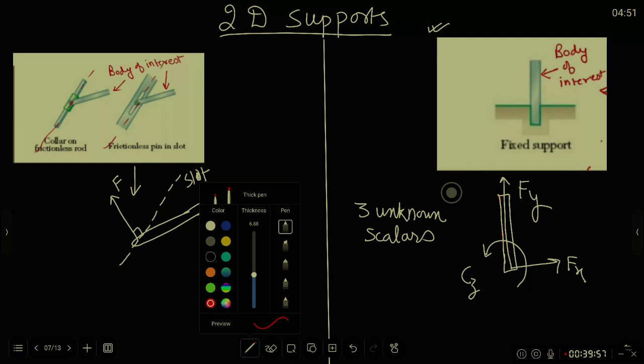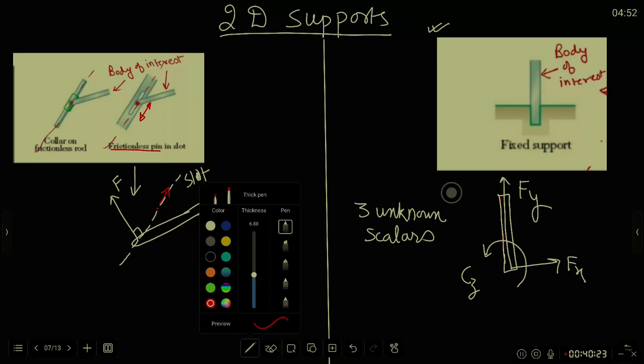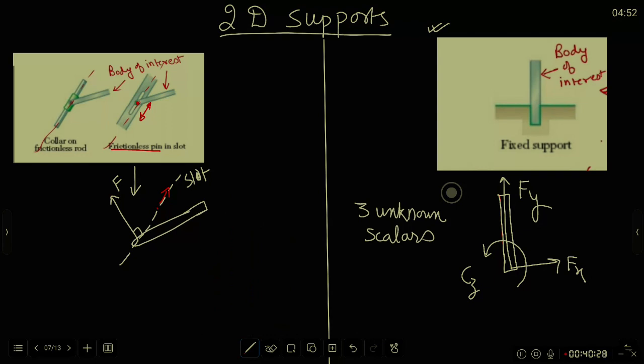It is frictionless. Since it is frictionless, I am not putting any force in this direction, only a force in the normal direction, one component, and I am not putting any Cz because the support cannot resist the rotation of this blue body. So Cz is 0. So here we have only one unknown scalar.